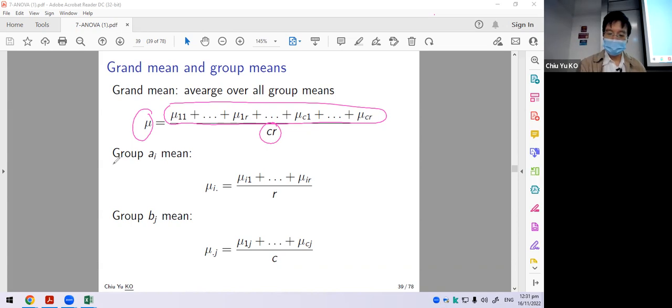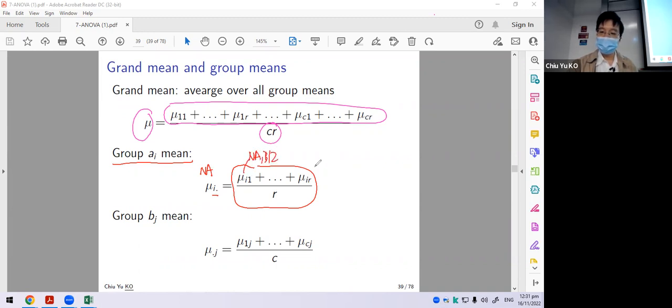We can also define the group A_i mean, which is mu i dot, which means you look at the mean of the column i. Suppose NA: this is NA college business school students, this is NA college education. So you basically look at all the NA students, the mean over all the faculties.